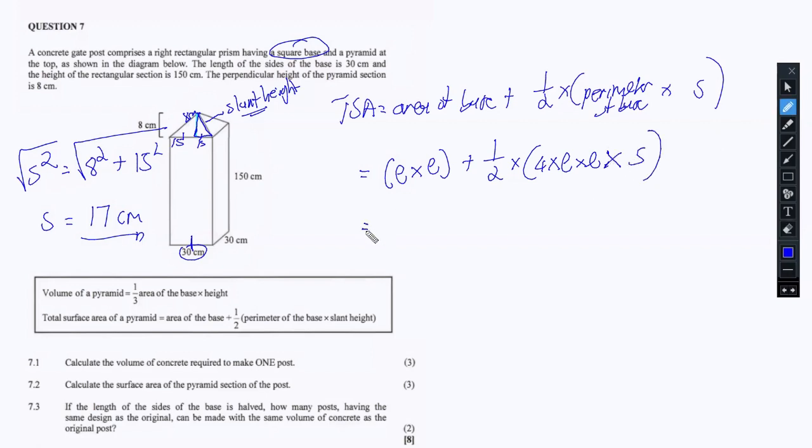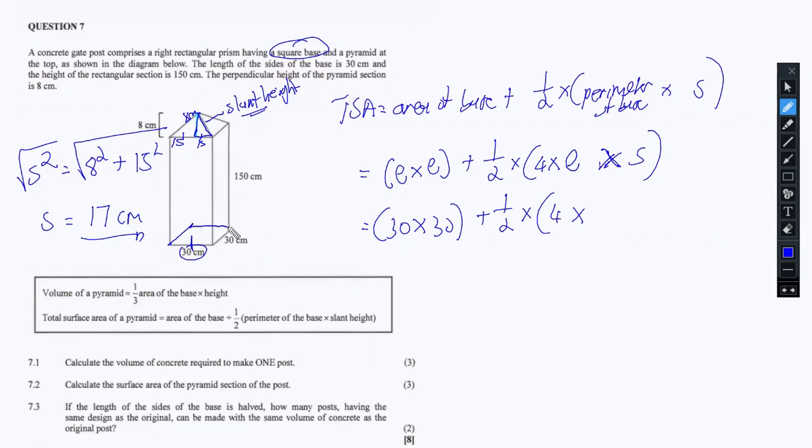So let's now substitute length times length, that's 30 multiplied by 30, and then plus half times 4 multiplied by, what? Remember, it's the perimeter, not the area. So let me fix here. If it's the perimeter, it's 4 times L.